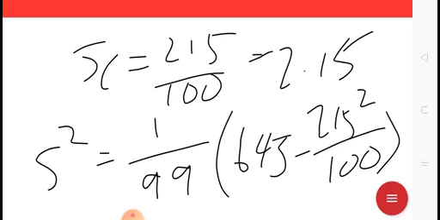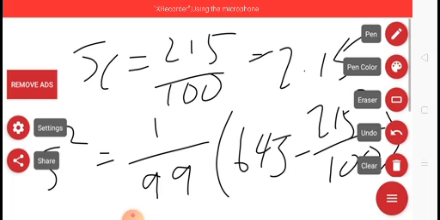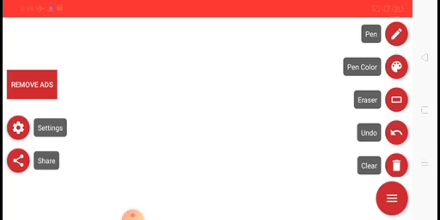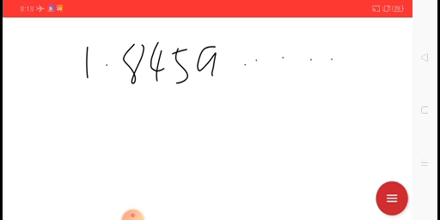All these equations are in the booklet. So the unbiased estimate of variance, you should get 1.8459 something.